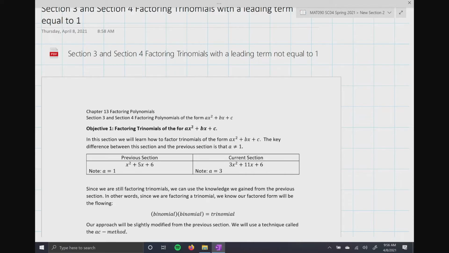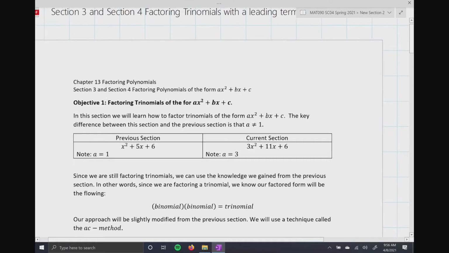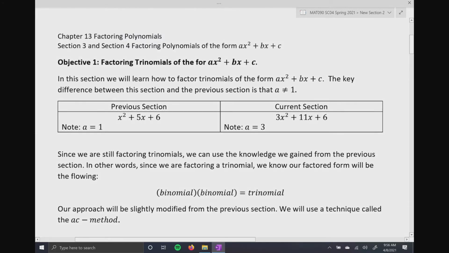Okay? Now, I'm all the way up at the top underneath Objective 1, which is factoring trinomials of the form ax squared plus bx plus c. Notice here's the difference. In this section, we're going to learn how to factor trinomials of this form, ax squared plus bx plus c.